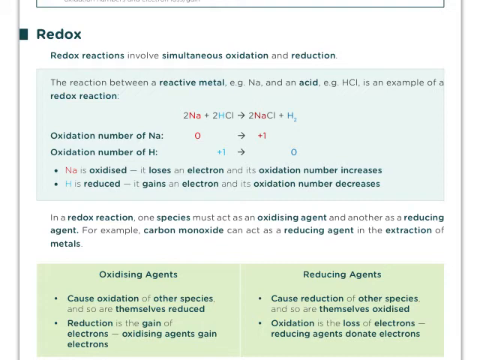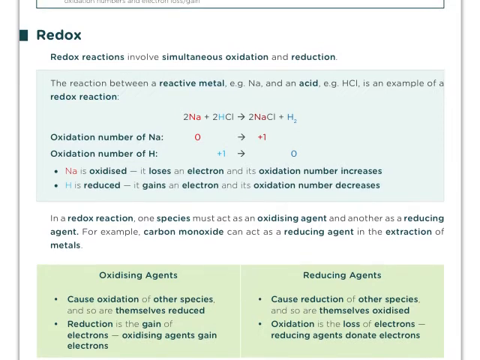Here on the left, it's the element, so therefore its oxidation number must be 0. Has to be 0 because it's an element. Whereas the oxidation number of the hydrogen, because we're looking at the reaction with the acid, we know that chlorine is -1, so therefore the H is a +1.